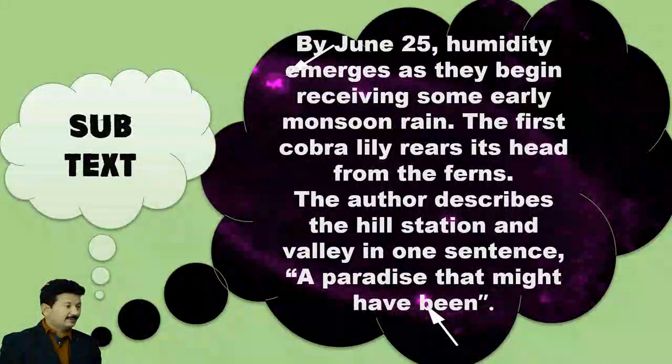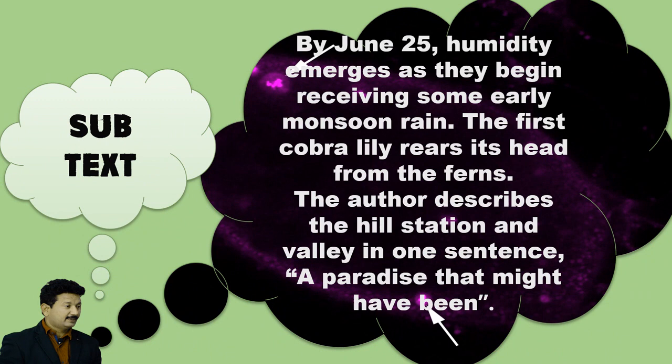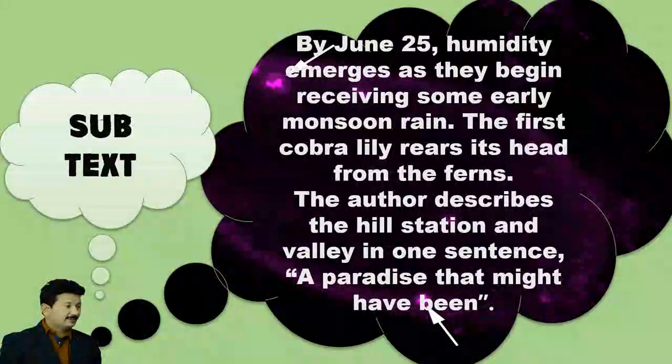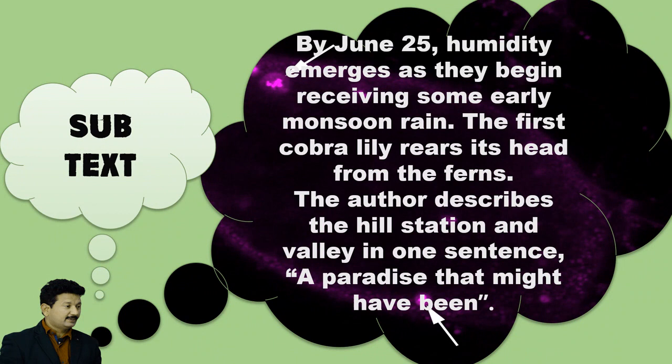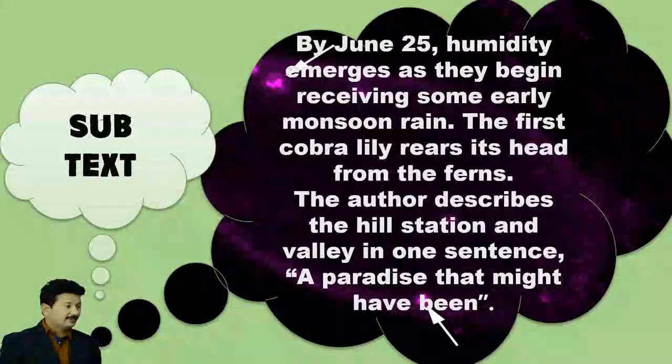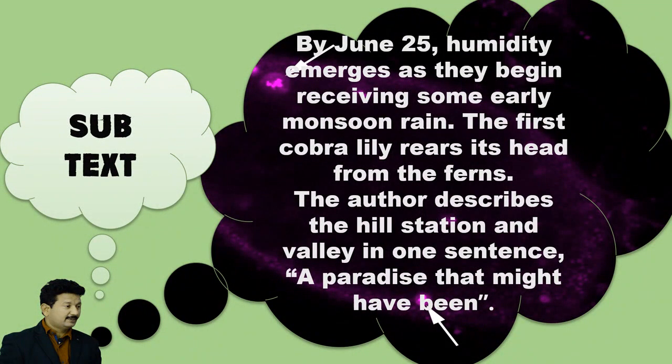By June 25th, humidity emerges as they begin receiving some early monsoon rain, and the first cobra lily rears its head from the ferns. The author describes the hill station and valley in one sentence as a paradise that might have been. You to describe and write in your notebook.